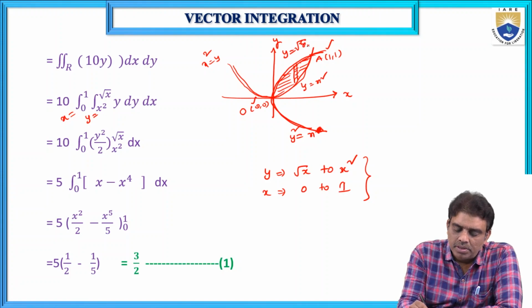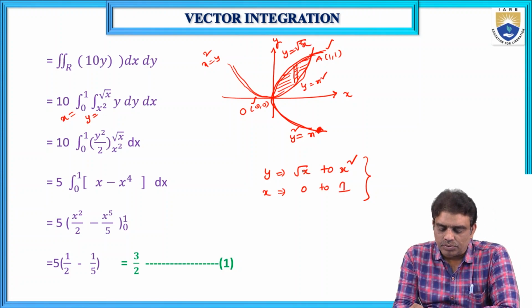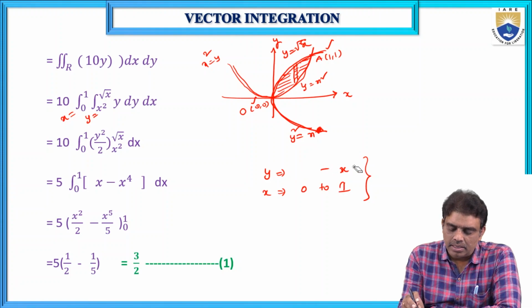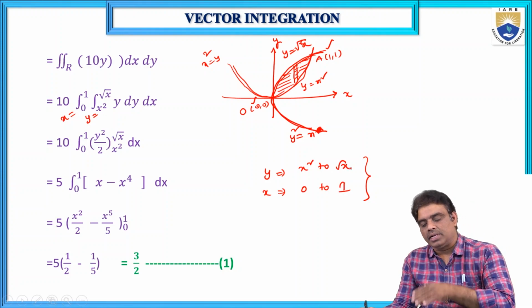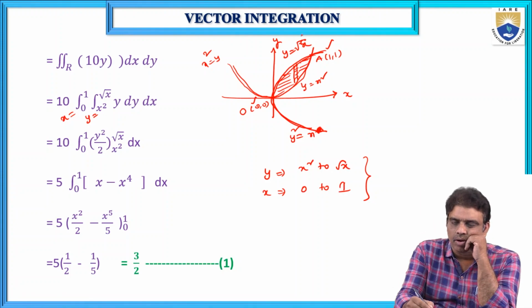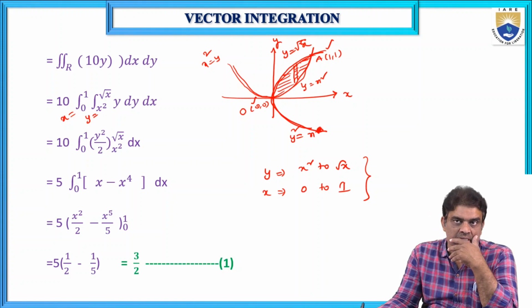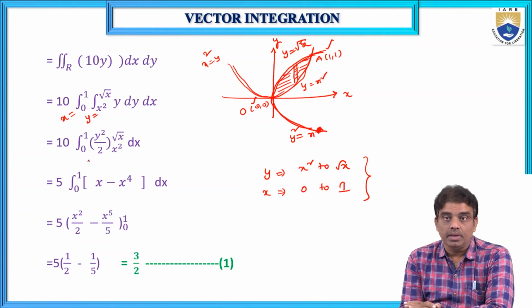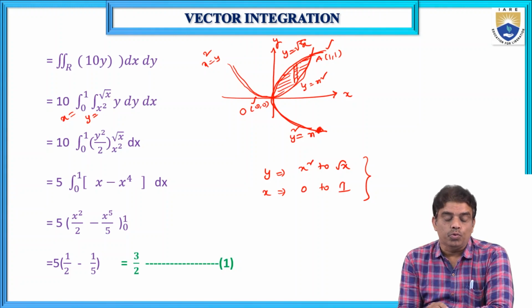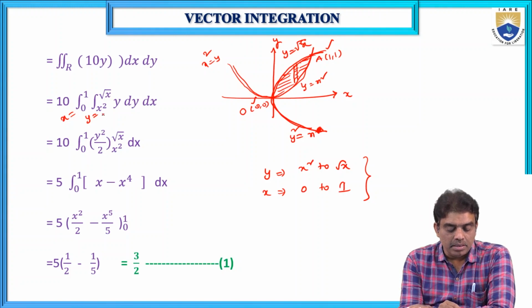No problem. Only the negative sign will change. So for finding the area, this negative sign can be neglected. You can take the strip upper to lower or lower to upper. Generally we take from lower to upper value to get the positive value. 10 into integral 0 to 1, y limit x square to root x, y dy dx.